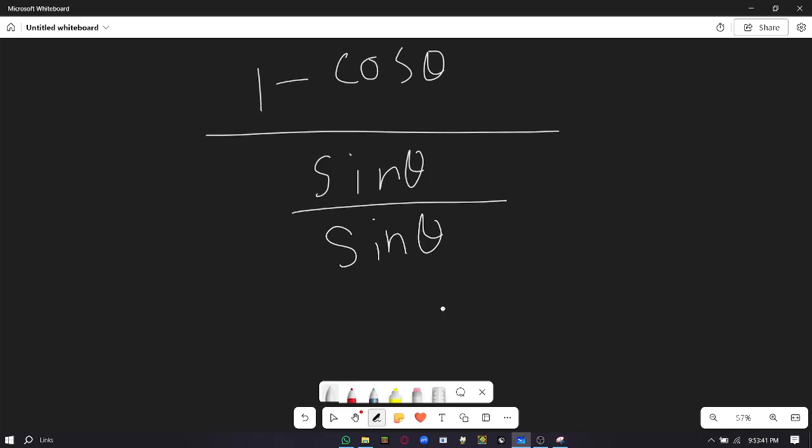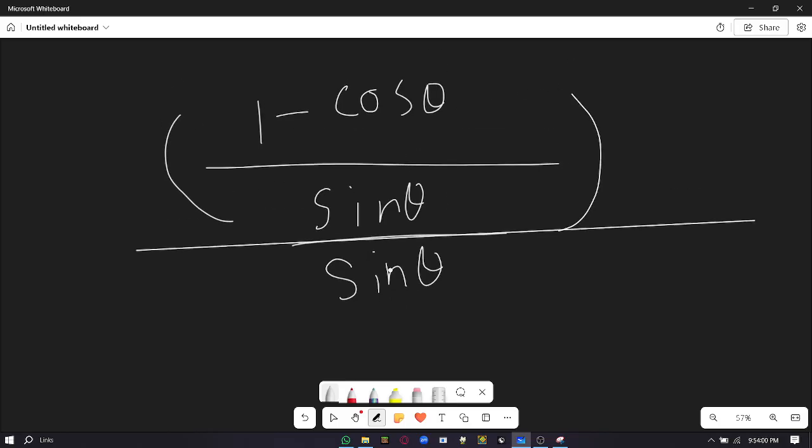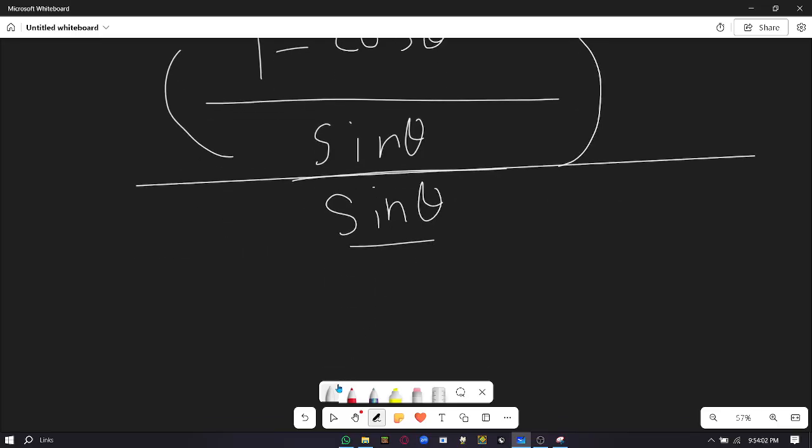Remember this very important thing. This is like a bigger division. So you want to remember this is being divided. A little mistake a lot of people make is thinking that it's sine by sine. It's not. It's sine theta being divided by this. So I recommend just putting this whole thing in a bracket to make things much easier. So there's like an invisible 1 down here.